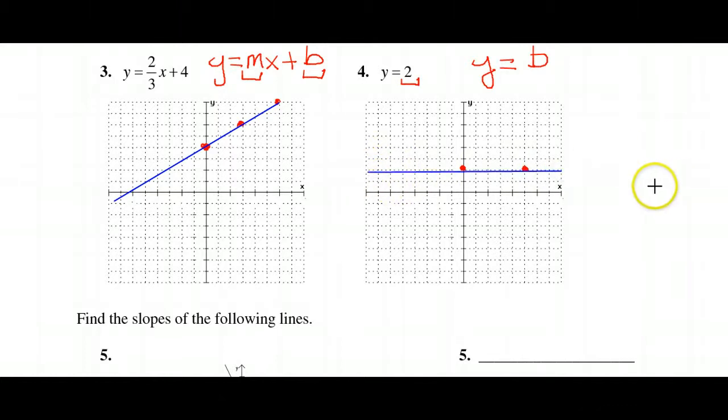And there's the graph. Now, the slope of this, by the way, if you recall, let's just write that out as a review. M is 0. The slope of any horizontal line is 0, and the slope of any vertical line, maybe they'll give us one, is undefined.